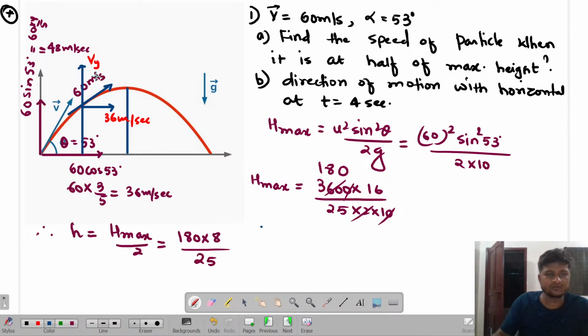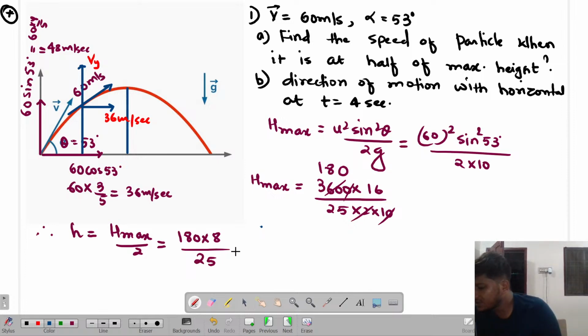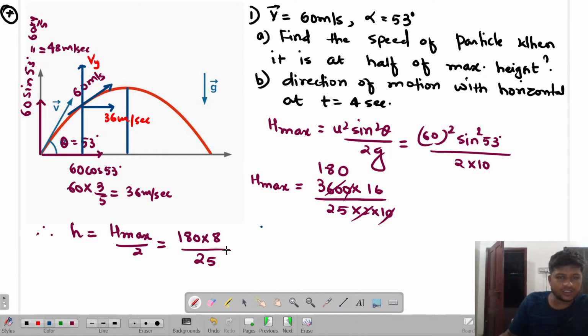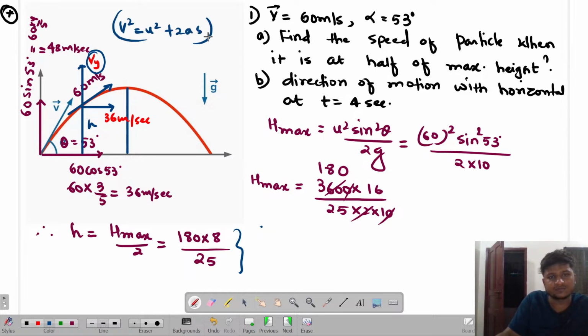So to find Vy, this anonymous guy, I'll just wait for 2 minutes. I'll give you a hint after this problem. Okay. So h is equal to h max by 2, which is 180 into 8 by 25. Therefore, to find this Vy, if I know my height, I can now apply V square is equal to U square plus 2as along the vertical direction. Everyone, is this clear or not? Tell me.